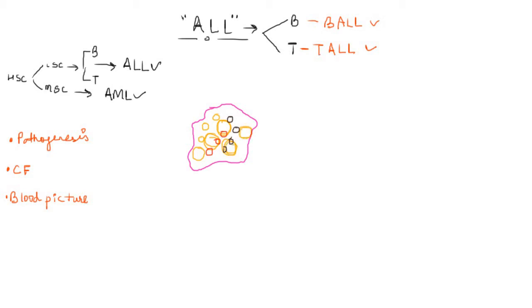And if the proliferation of blasts occurs in such a way that of all the cells, more than or equal to 30% of the cells are blasts, then it is considered an acute leukemia. And in this case, since these cells are lymphoblasts, it is acute lymphoblastic leukemia.